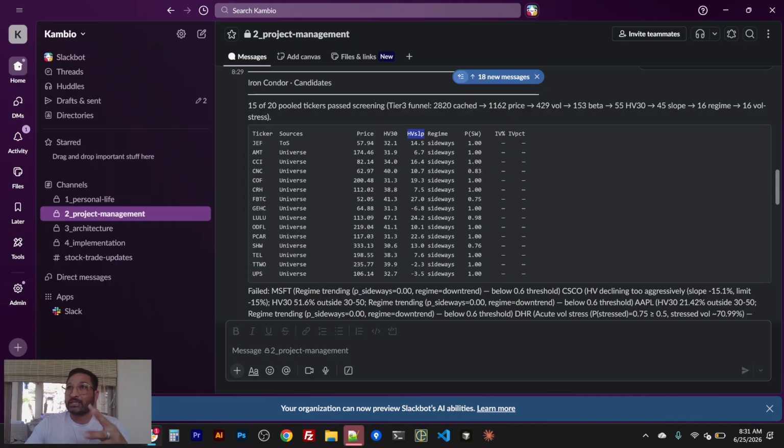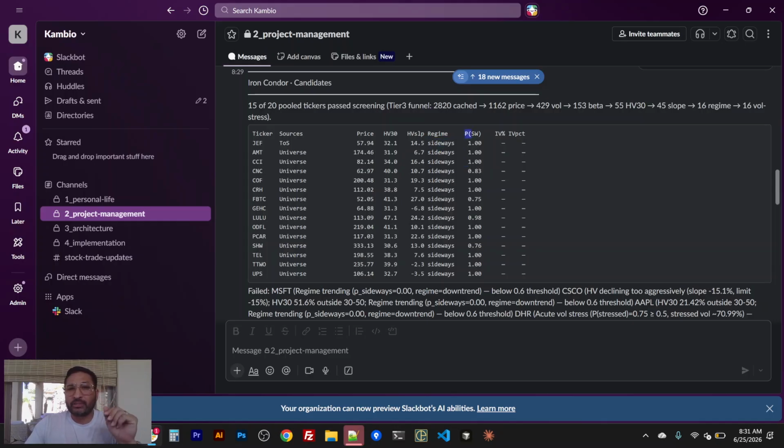I think it works in 3 batches, so it's 30 days, 20 days, 10 days to now, and that creates a slope for us, so we can tell if it's calming or if it's becoming aggravated. The HMM model is supposed to determine whether the volatility is sideways or directional, but I found that it's not super reliable, to be honest.